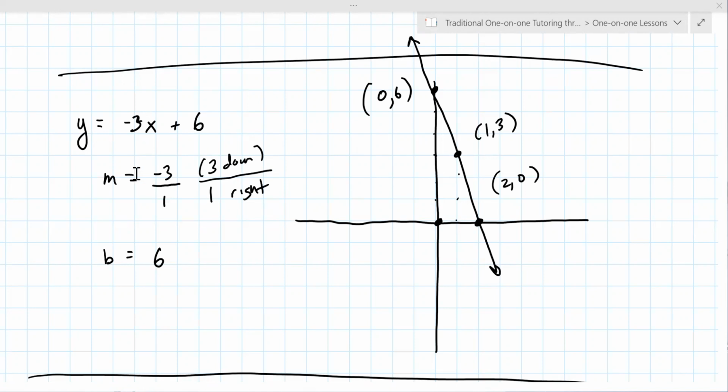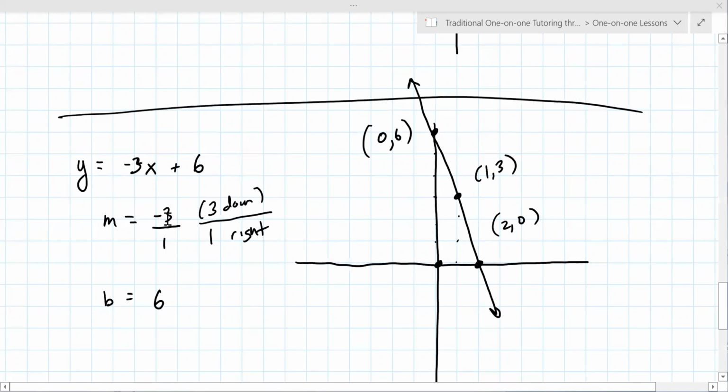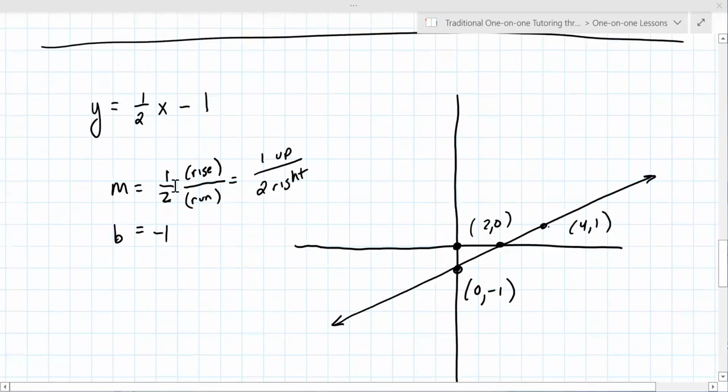You ready for me to scroll down to the problem you're working on? Okay, so for 1/2, is it 1 down? Well, let's look. This was 3 down. Let's go look at the previous problem. What was this one? Yep.